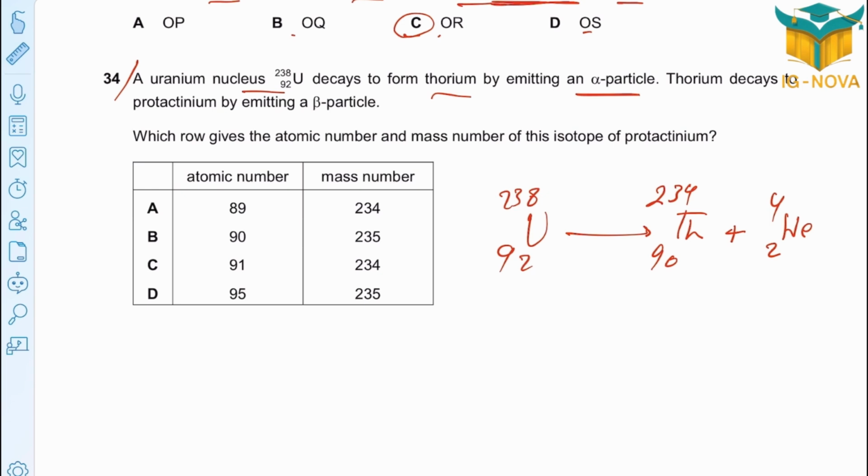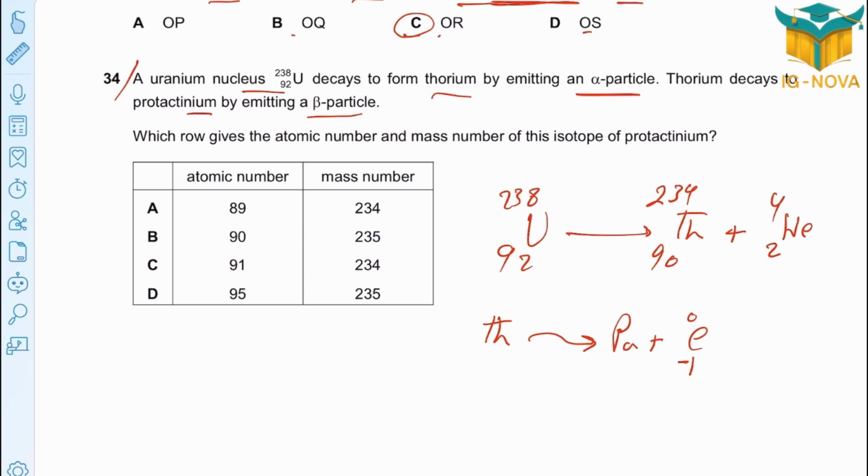Now, thorium decays to protactinium by emitting a beta particle. The beta particle is e, -1 and 0, plus protactinium.